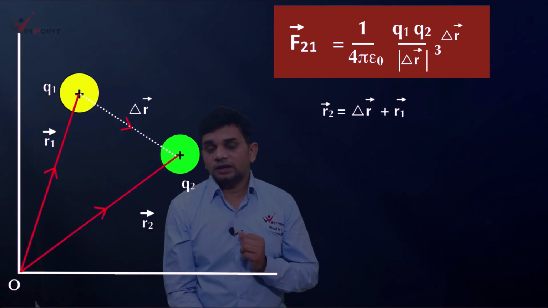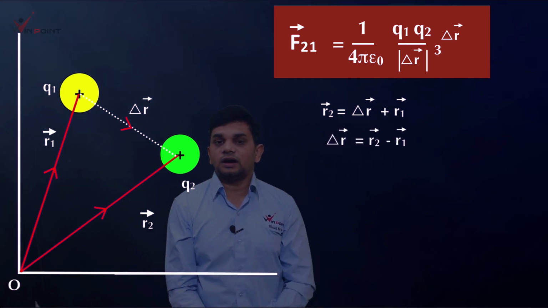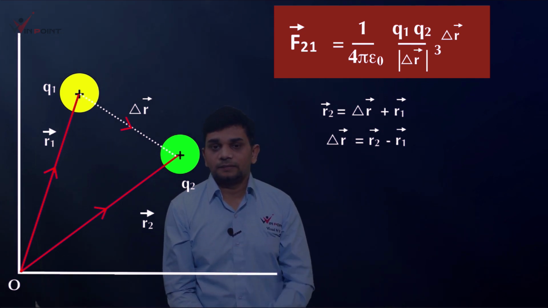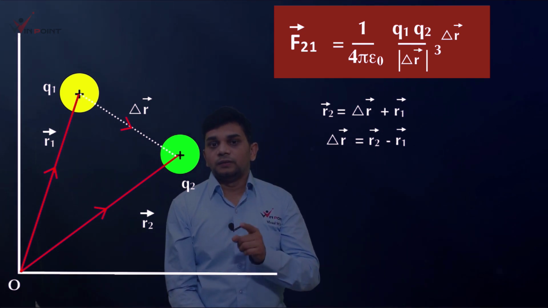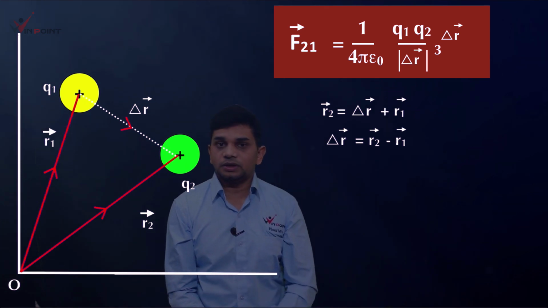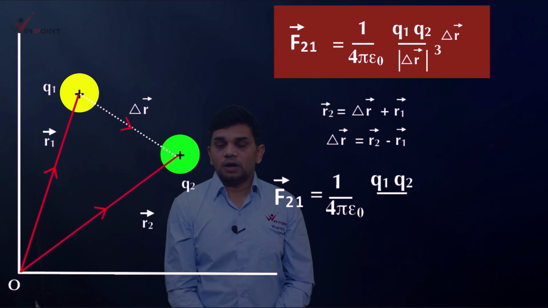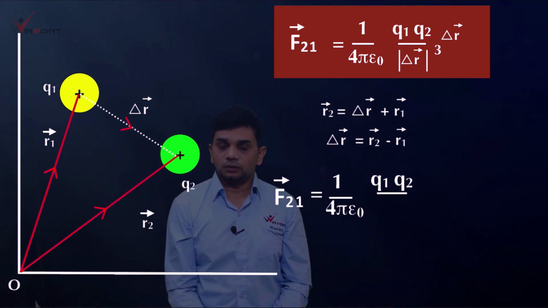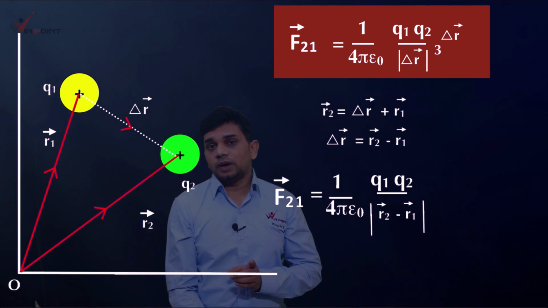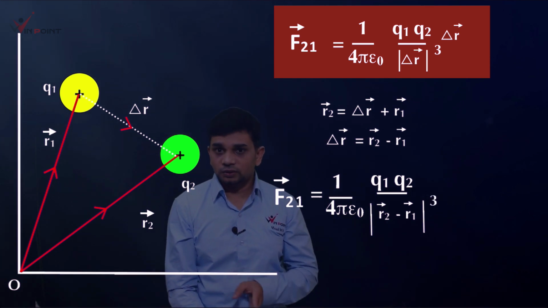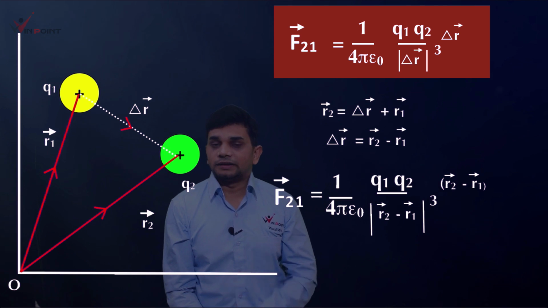From that, vector delta R equals vector R2 minus vector R1. Then we substitute this value in the previous equation. Vector F21 equals 1 by 4 pi epsilon 0 Q1 Q2, magnitude of vector R2 minus vector R1 the whole cube into vector R2 minus vector R1.